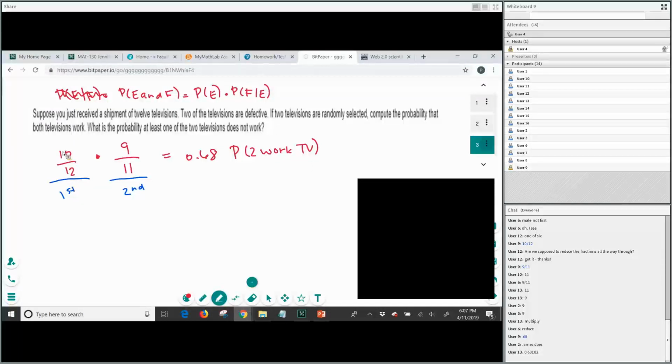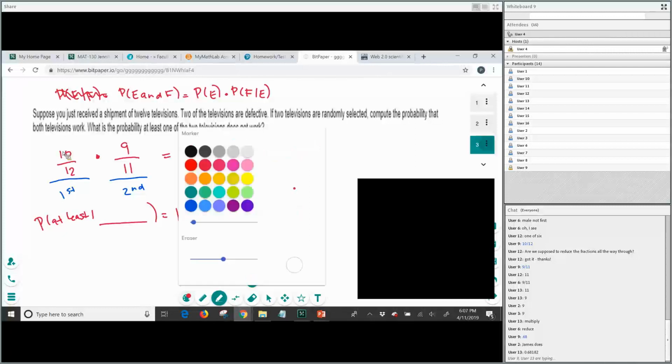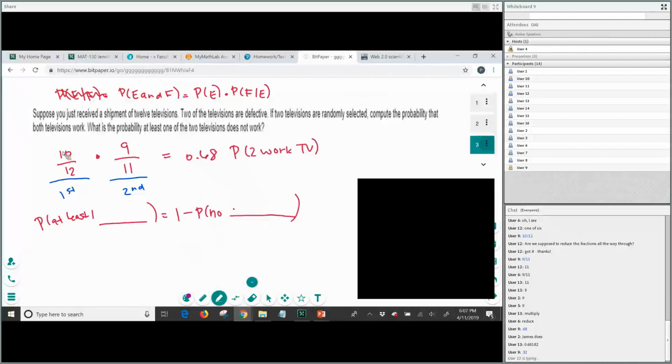Now, the second part of the question said, what is the probability that at least one of the 2 televisions work? Now, do we all remember the rule about at least one from last week? Remember, probability of at least one whatever is equal to 1 minus the probability of no or none of that same whatever, right?